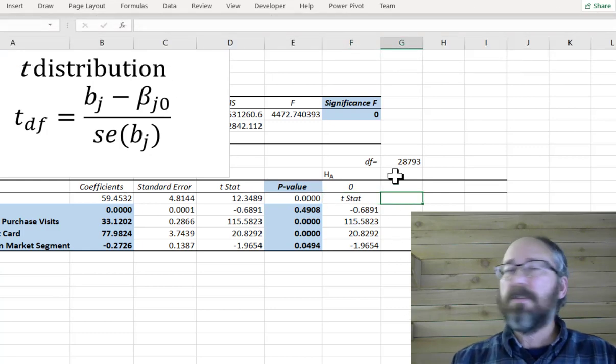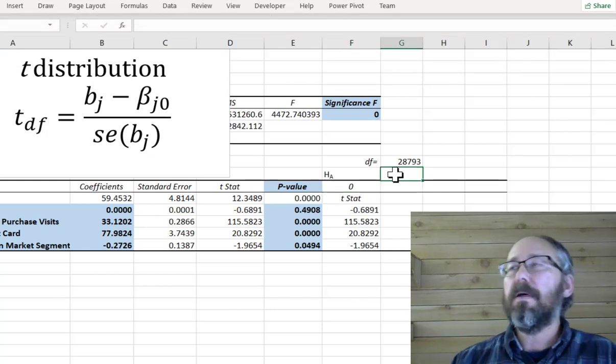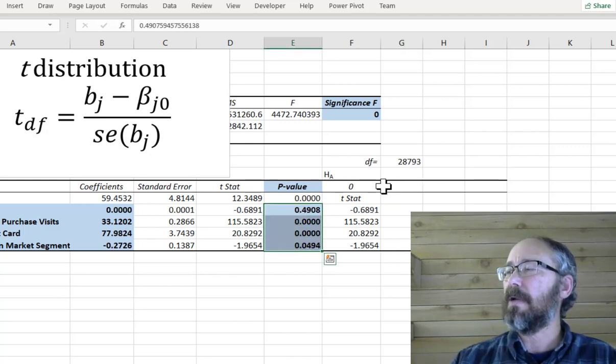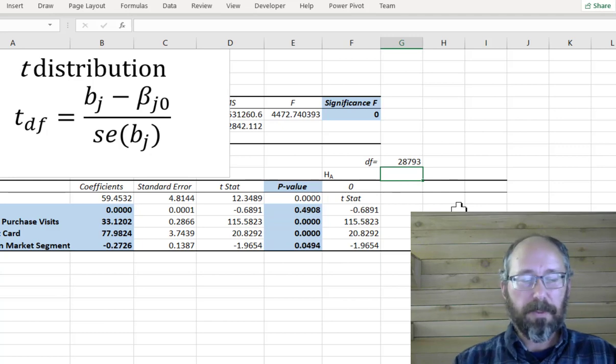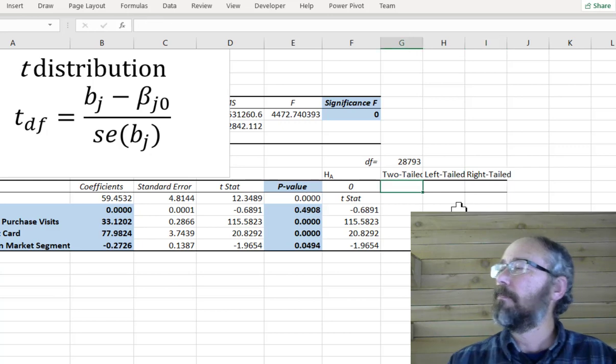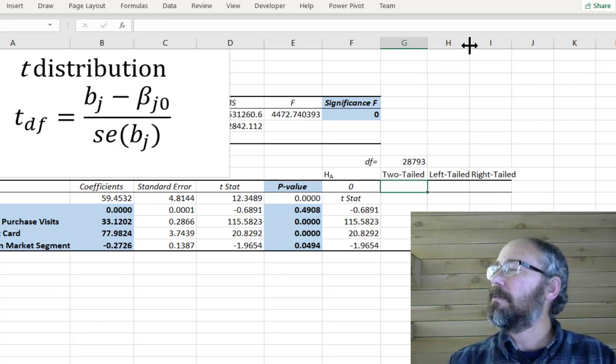Now what I want to do is the p-value, which would be this value right here, to illustrate that. We're going to do it for the two-tailed, for a left-tailed, and for a right-tailed. So let's enlarge those a bit.